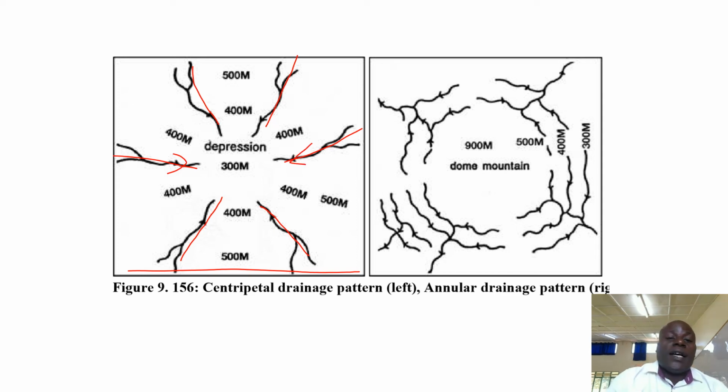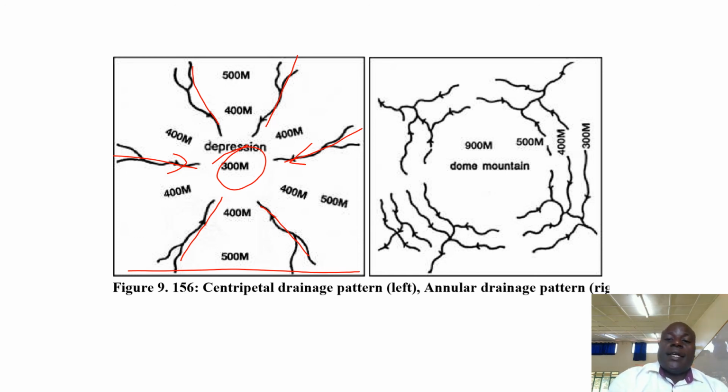They all converge at the center where there is a depression. If you look at these meters in the middle, they indicate the height of the area. This is at a lower height compared to the neighboring areas, and therefore rivers flow and converge at the center where there is a depression with the lowest height.